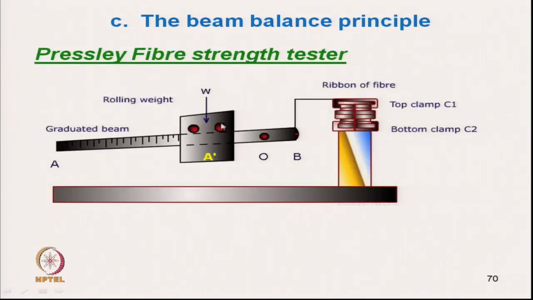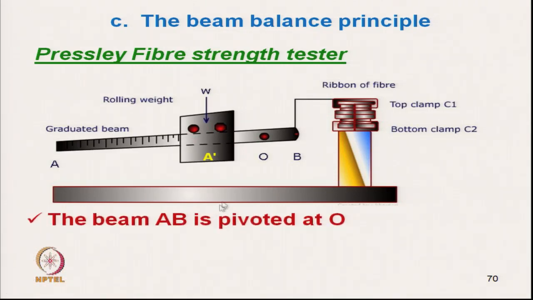This is the dead weight, it is fixed, and in this instrument the beam is a little bit inclined, so that the mass slides down gradually and the distance OA increases gradually.